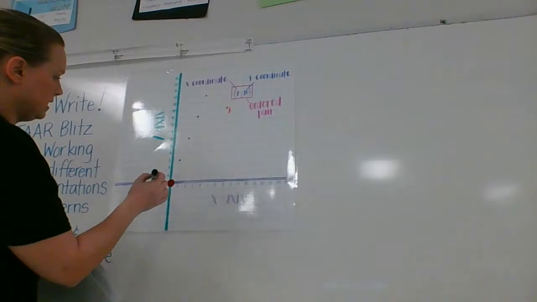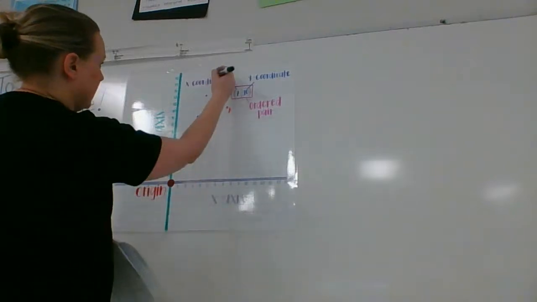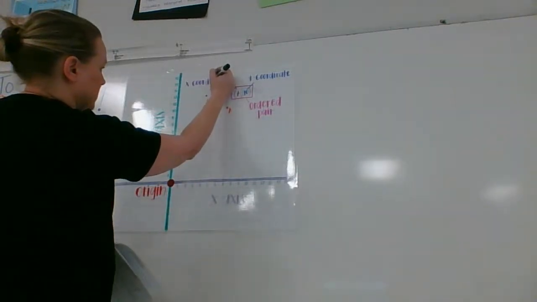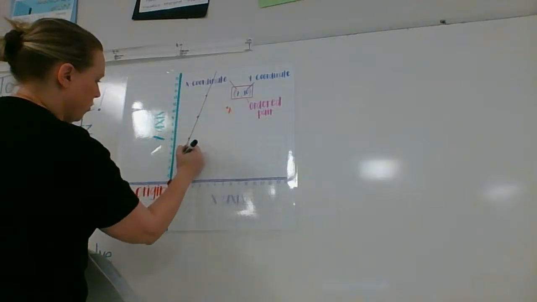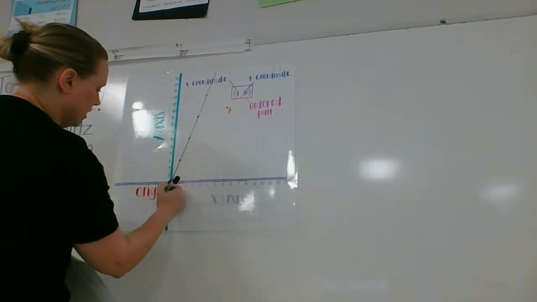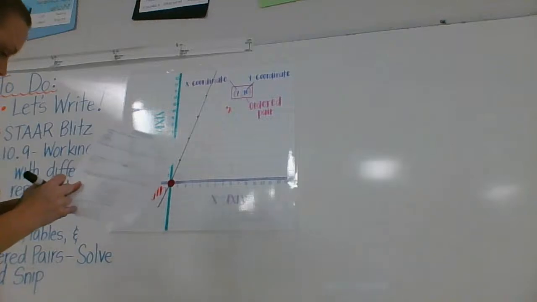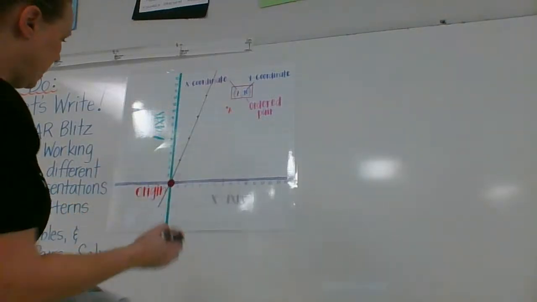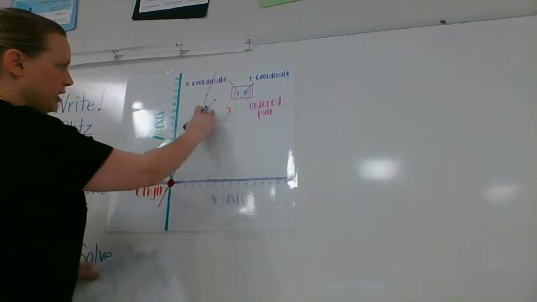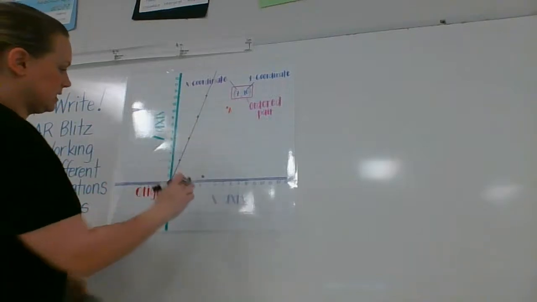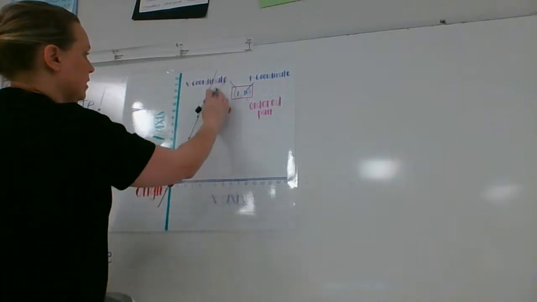Okay, so I need to draw a straight line to connect all these dots. And then I'm going to see what other point it goes through. Does it go through 5, 10? Well, we go to 5 and we go to 10. Nope, there's no point there. Go to 6 and 15.